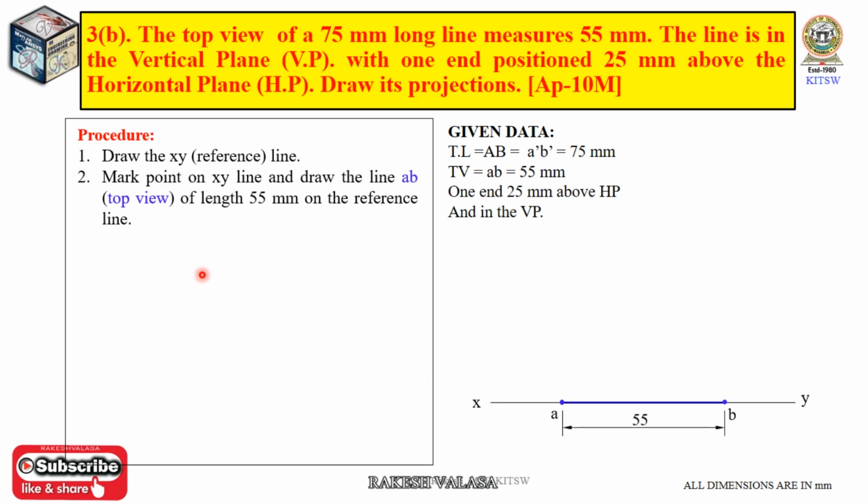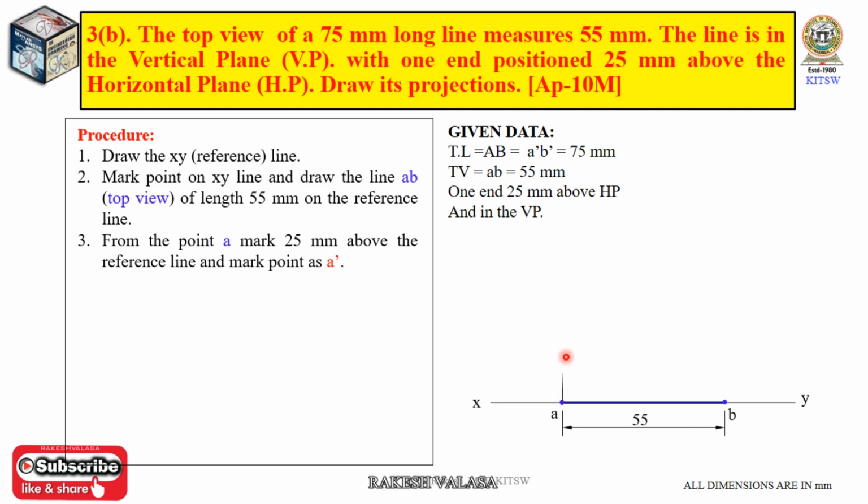Then from the point A, mark 25 mm above the reference line and name the point A dash. From point A, draw the vertical projector up to 25 mm and locate the point, that name is A dash. It is the front view point. Give the dimension, this 25.